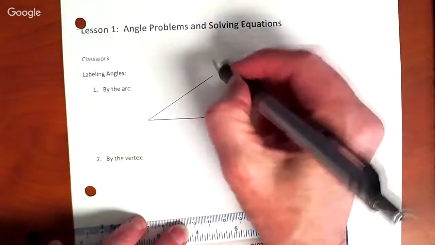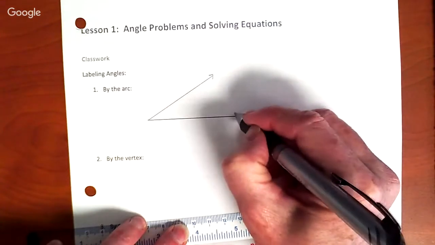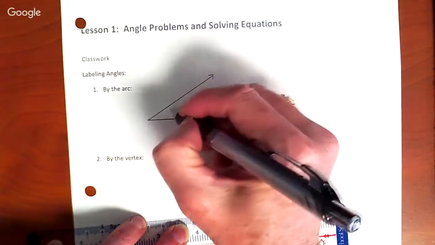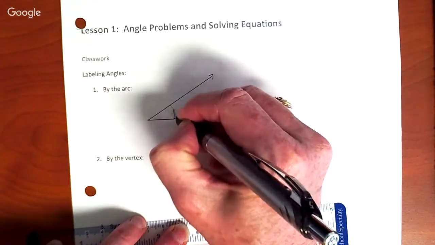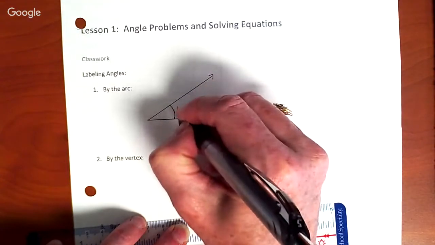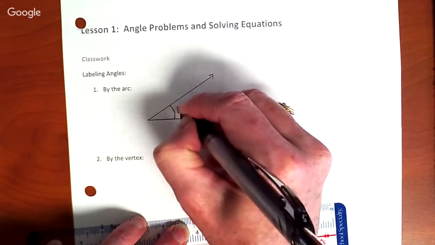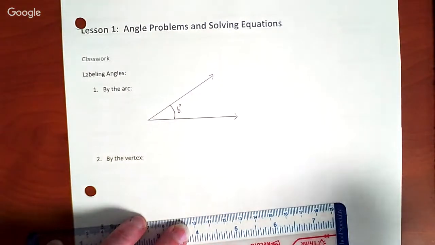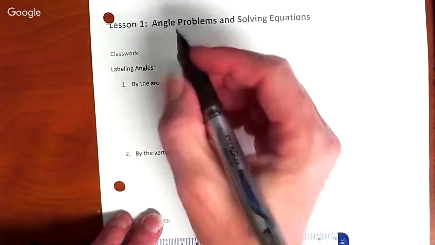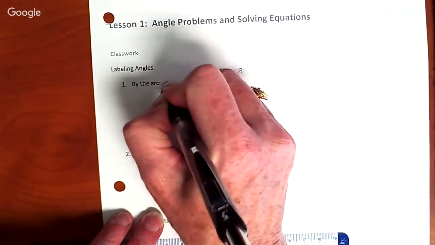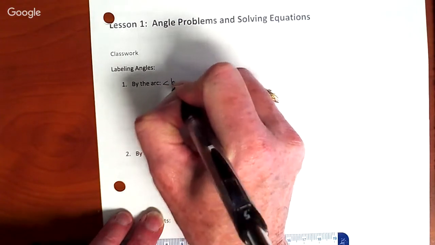When we label by an arc, we draw it similar to this. This right here is considered an arc, and we label it in this manner. So by the arc would be angle B degrees.